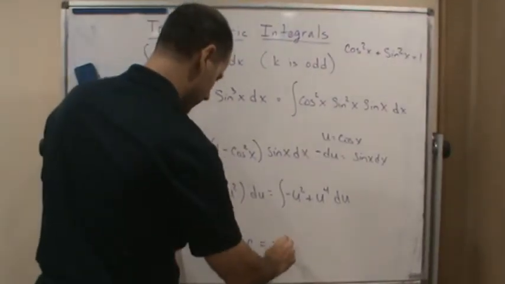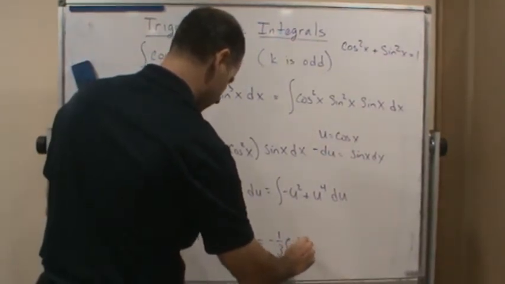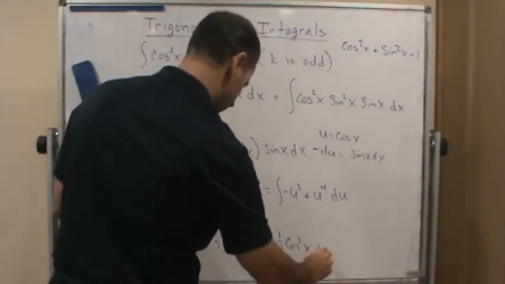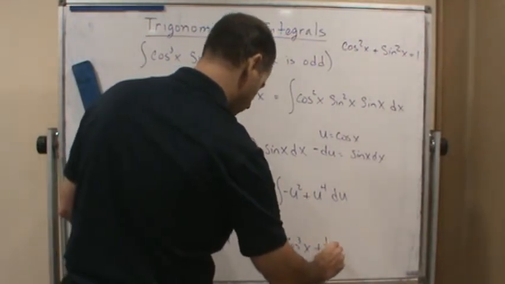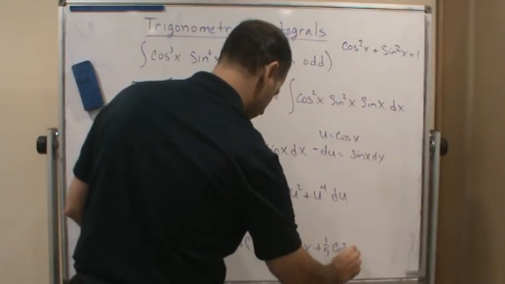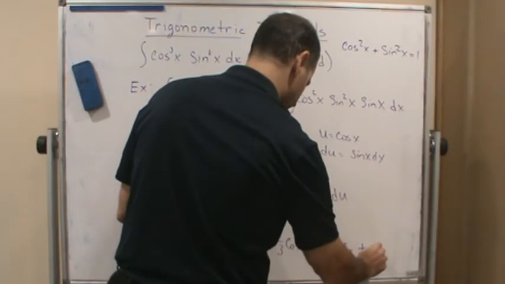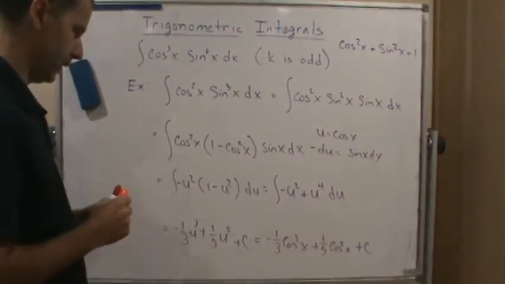So this becomes negative 1/3 cosine cubed x plus 1/5 cosine to the 5th power x plus c.